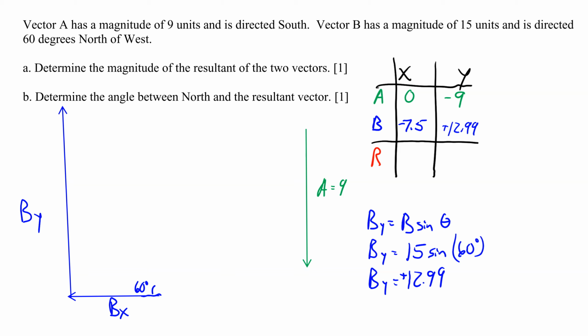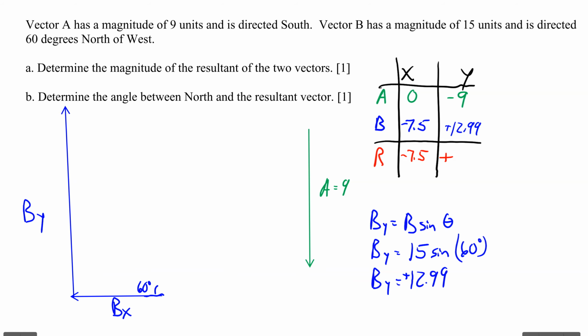So 0 plus negative 7.5 is negative 7.5, and negative 9 plus 12.99 is positive 3.99. So these are the ones we're going to focus on. We can get rid of vectors A and B and make our resultant.